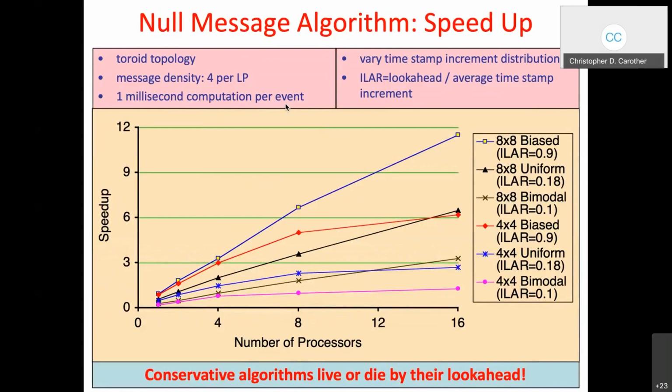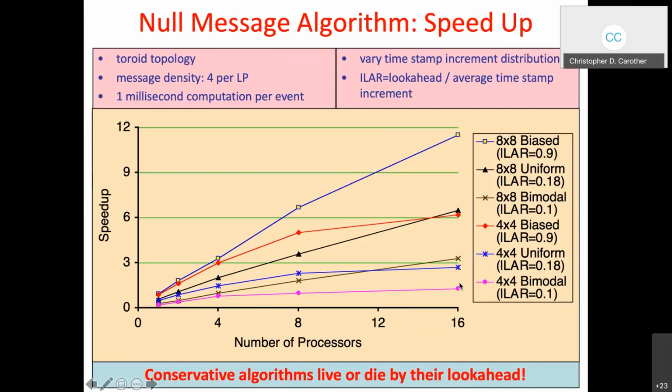So if I have a model with essentially a lot of look ahead relative to the average timestamp increment, you're going to get pretty good performance. But then if you have lower amounts of look ahead, again, relative to the average timestamp increment, you'll see your performance shrink, and you'll kind of get places where it doesn't even make sense possibly to run the model in parallel. So again, takeaway message here: conservative algorithms live and die by their look ahead.